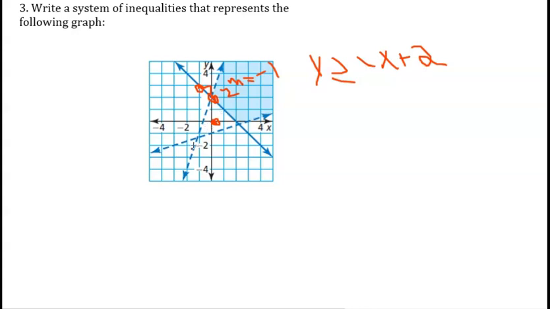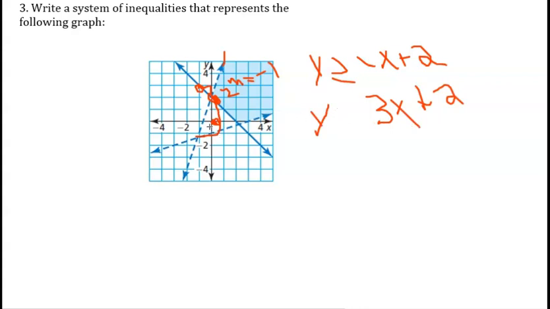Then we'll go to one of the dashed lines. Let's do this one. So this y-intercept's also plus 2. And our slope, rise over run, we're going to have down 3, left 1. So your slope is 3. So we have y is something to 3x plus 2.